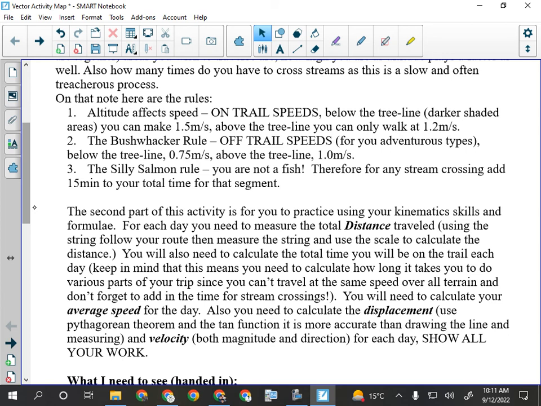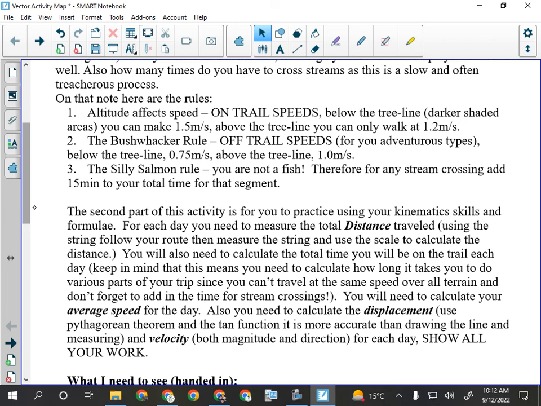Why did it flip? Because above the tree line there are no trees to bushwhack through; it's just unstable rocks that you have to deal with. If you're below the tree line, it's everything: trees, bushes, all that kind of stuff. So if you're below the tree line, off a trail, that's your speed. If you're above the tree line, off the trail, it's 1.0.